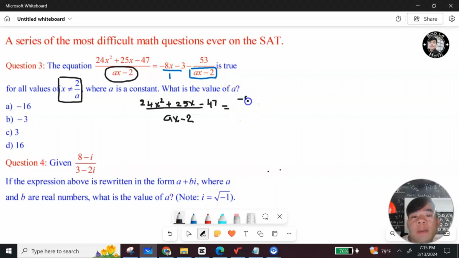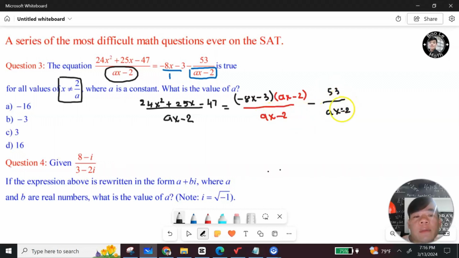So I have negative as minus 3 times as minus 2 over as minus 2, minus 53 over as minus 2, right?